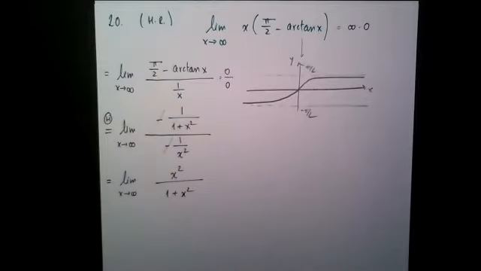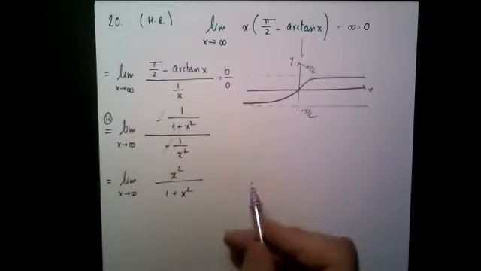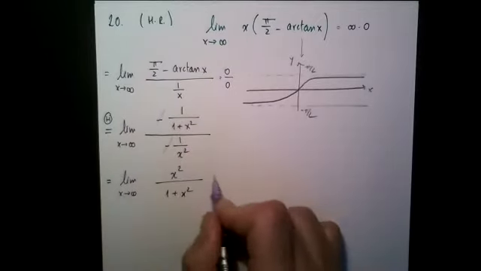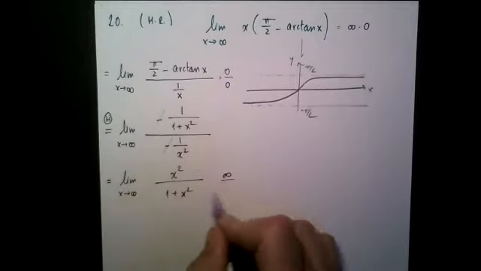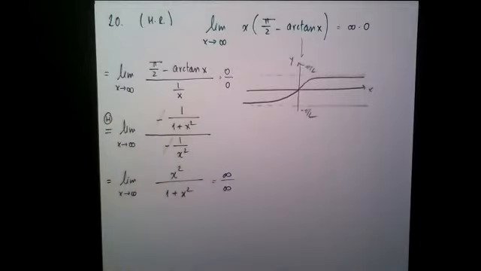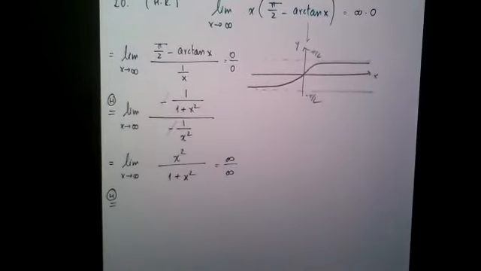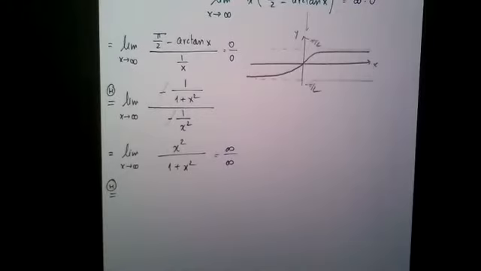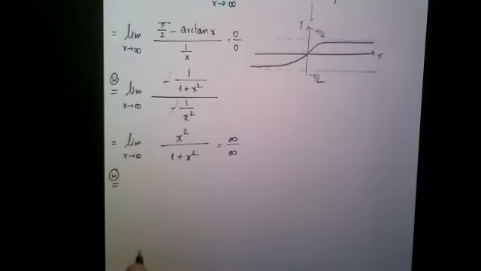All good? And then what do we do? This is infinity squared, which is infinity, divided by 1 plus infinity, which is infinity. What could I do again? I could use L'Hôpital's rule again, or another method at this point to find the limit, whatever you prefer.